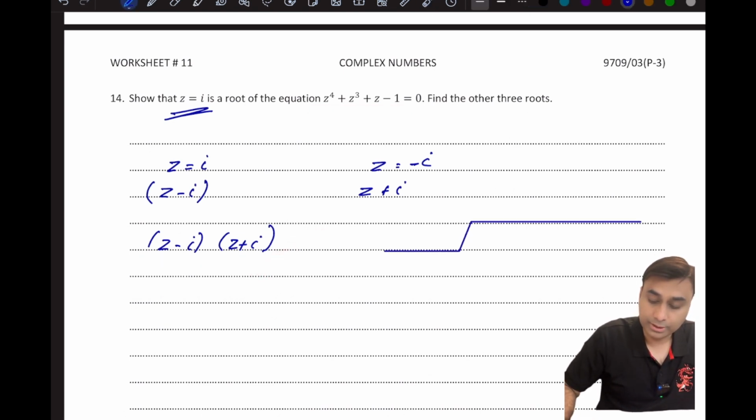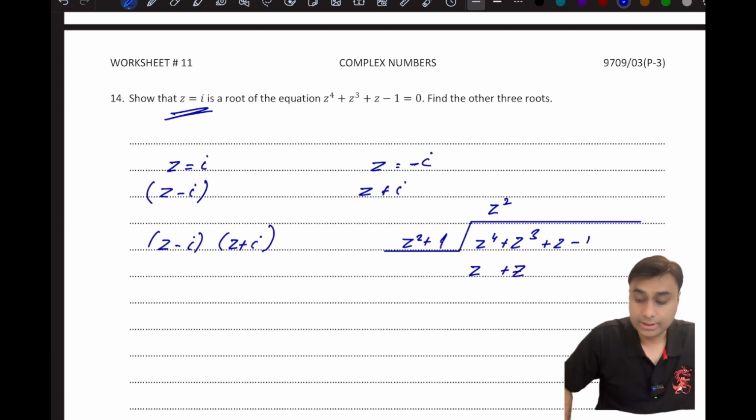If we multiply this, this is going to become z square plus 1 and z4 plus z cube plus z minus 1. So this multiplies by z square. So I get z4 plus z square, and then I subtract it again. So I'm going to get z cube minus z square plus z minus 1. And then I multiply it with z.